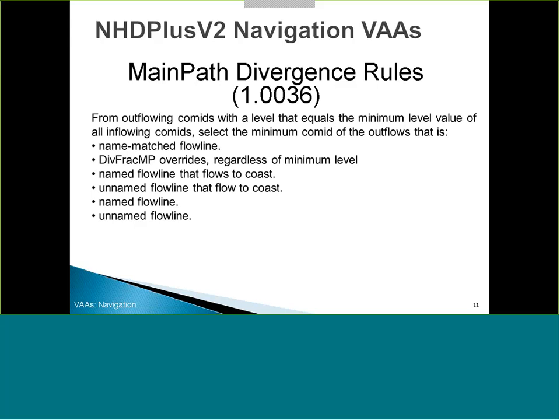The other thing you can do with DivFrac-MP is you can split the flow. It's assumed in our flow estimation that without any other information, 100% of the flow goes down the main path, mainly because we have no other information to make a decision. But in the DivFrac-MP, you can say 75% goes down this path and 25% goes down this path. So if you have gauge data and you want to split your flow, this is how that happens.